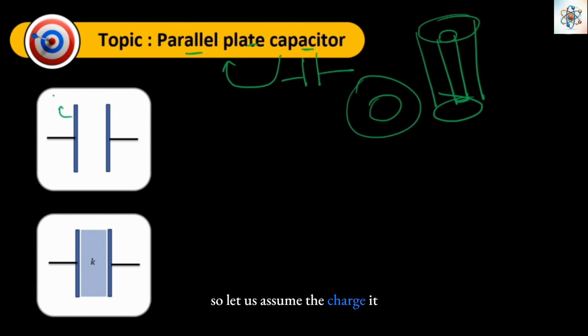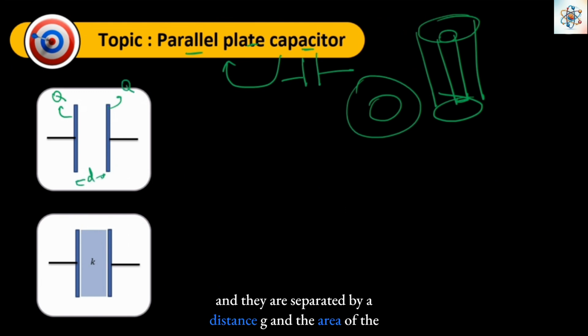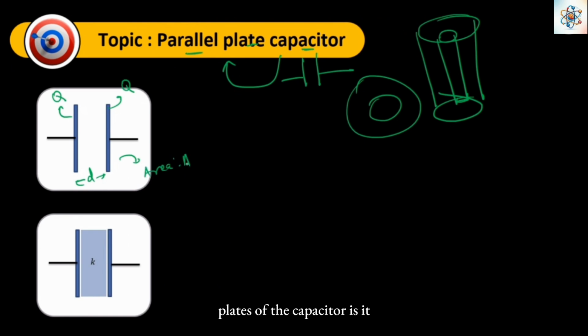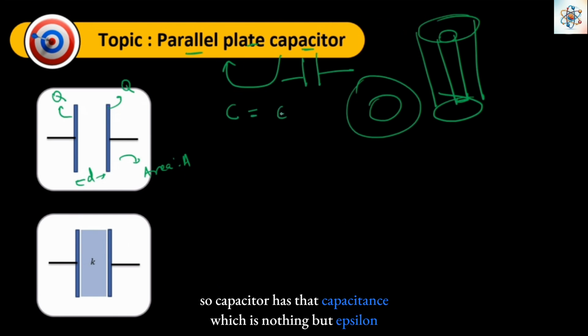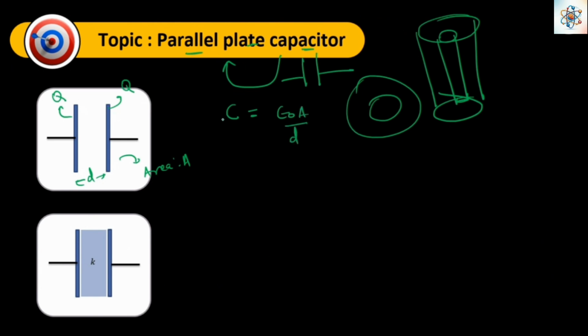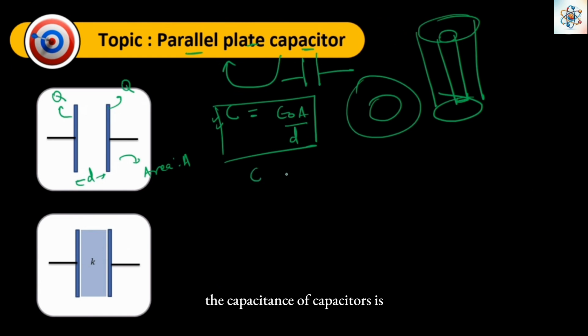So let us assume the charge it can store is Q, they are separated by a distance D, and the area of the plates of the capacitor is A. The capacitor has a capacitance which is nothing but epsilon naught A by D. Capacitance is generally more if they have more area, like size.